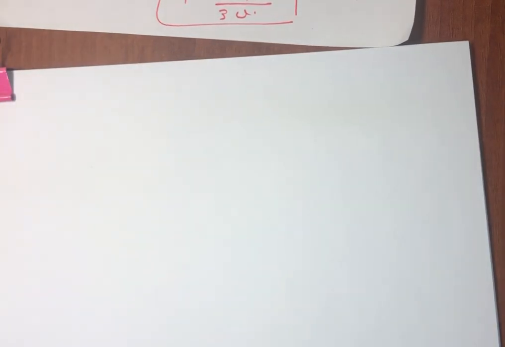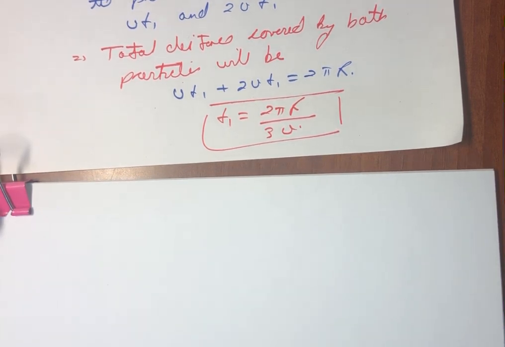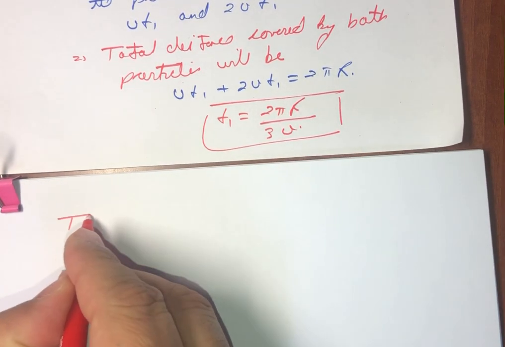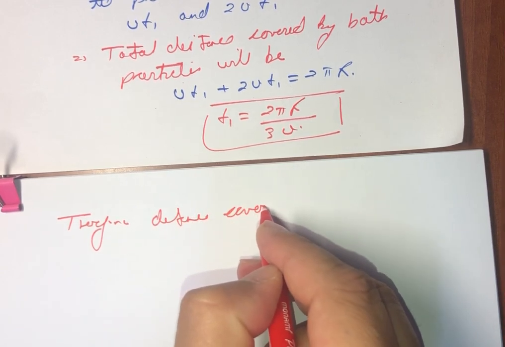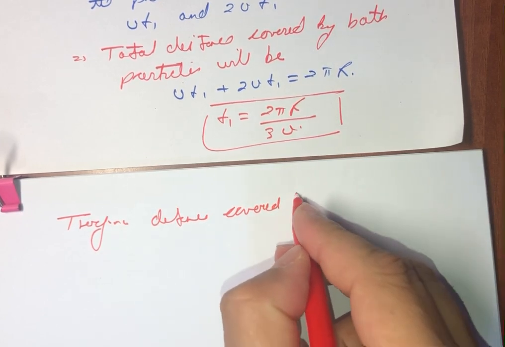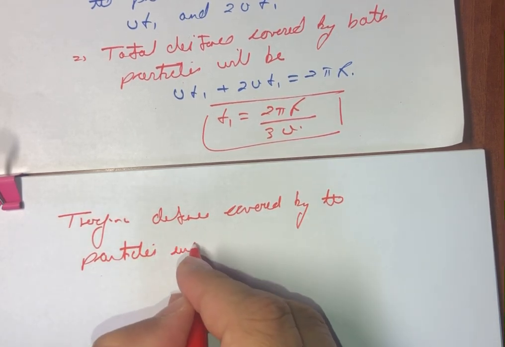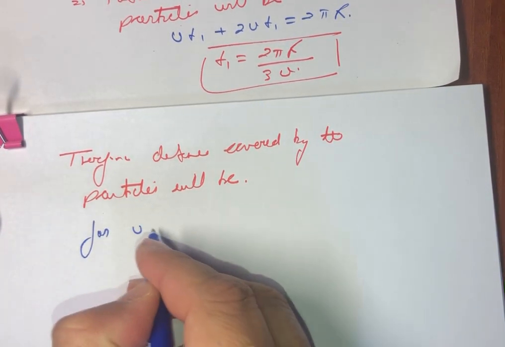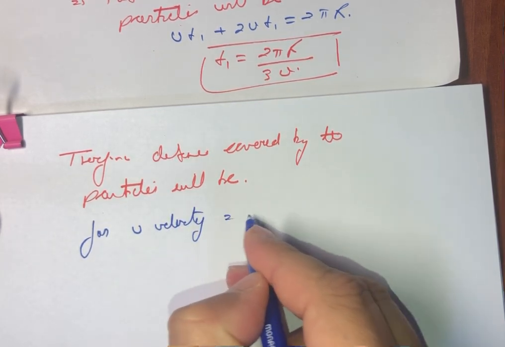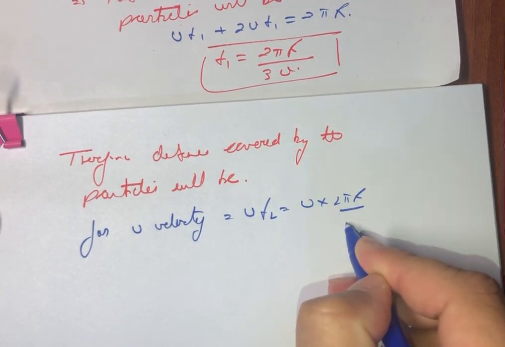Now in this case also, you can say that the distance covered by the particles will be, for v velocity, we are going to have vt2, which will once again be equal to v times 2 pi r upon 3v.